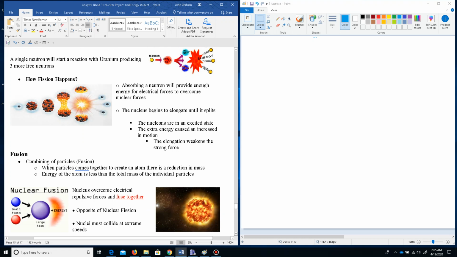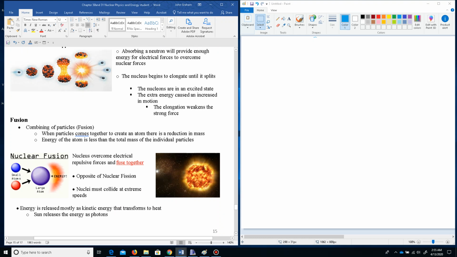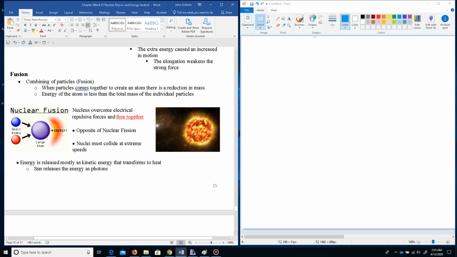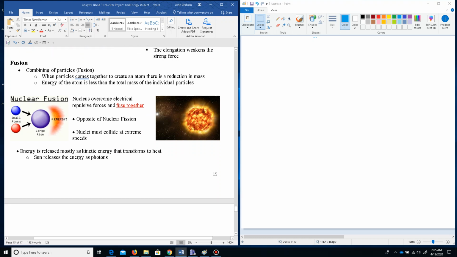Now, fusion is quite the opposite. And this is what happens in stars. So we have a whole nuclear fusion reactor in the sky, in the sun. What's happening there is a combining of particles.